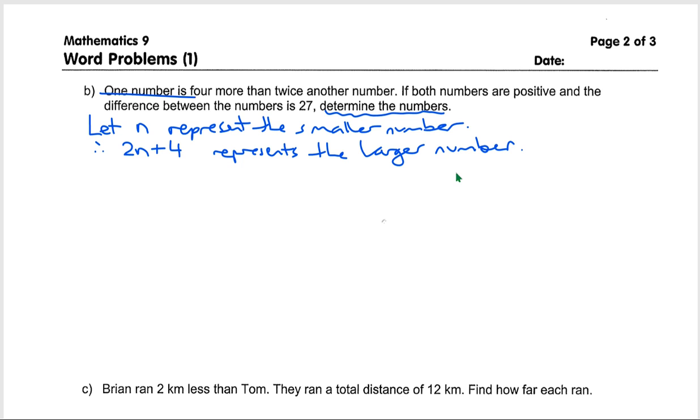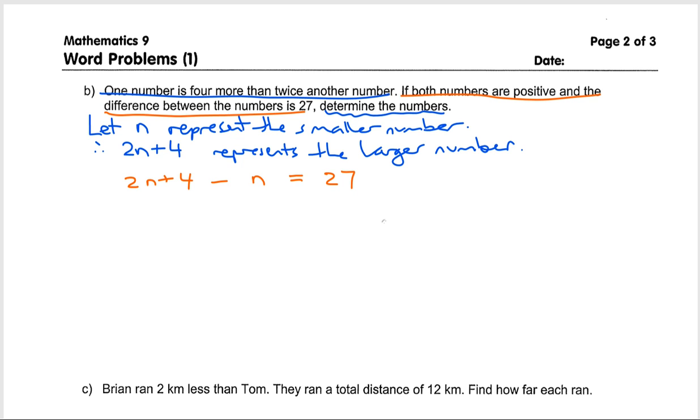So one number is 4 more than twice the other number. That was my let statement. Okay, and I'm going to change the color and write the equation. If both numbers are positive and the difference between the numbers is 27. So let's write this. The difference between the numbers is 27. So larger number minus the smaller number is 27.